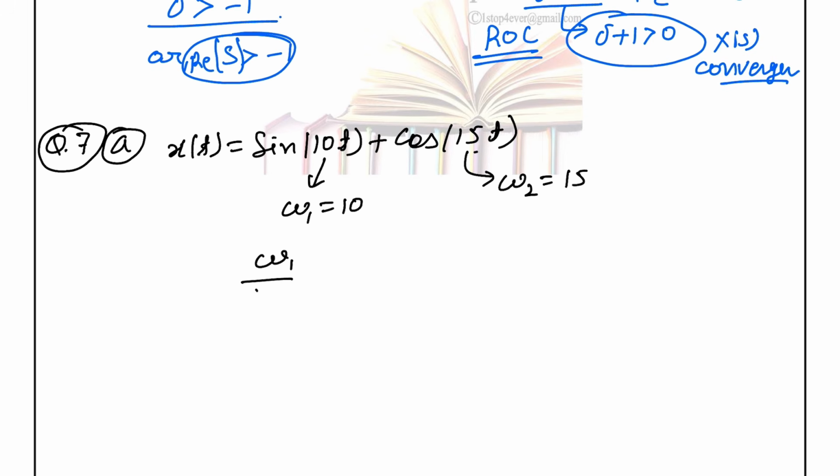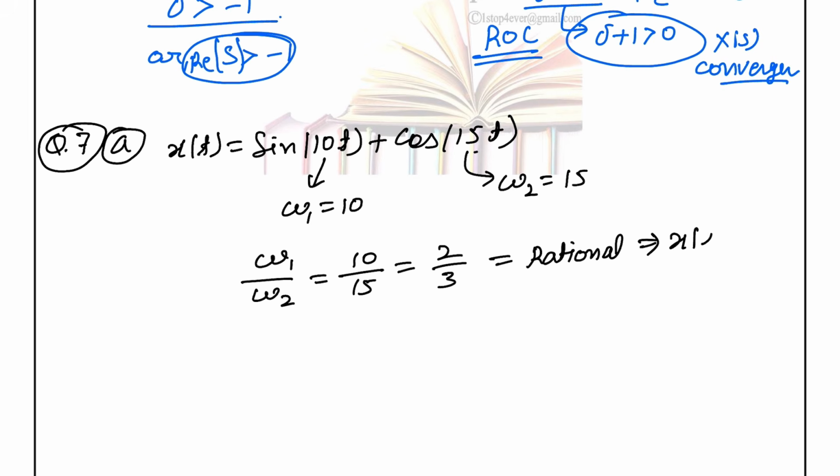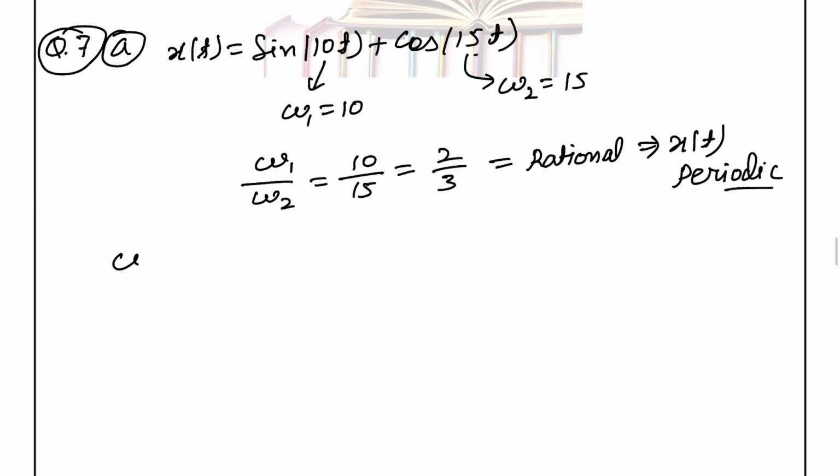Now, we need to take the ratio of omega 1 by omega 2, that is 10 by 15. Five 2s are 10, five 3s are 15, so it is 2 by 3, which is a rational number, and so x of t is periodic, with fundamental frequency omega naught, that is the GCF of omega 1 and omega 2, 10 and 15, which will be 5.